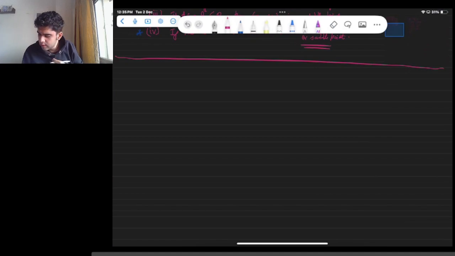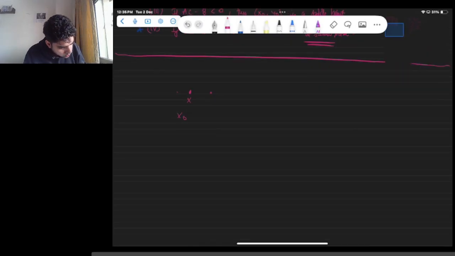So basically, what happens is, if I have a point x, and a point x naught which is in the boundary of x, so x naught can be here also, x naught can be here also, but it is very near to x, our point that we are talking about. So basically I am saying that x minus x naught, which is the distance between the 2 points, is less than delta.